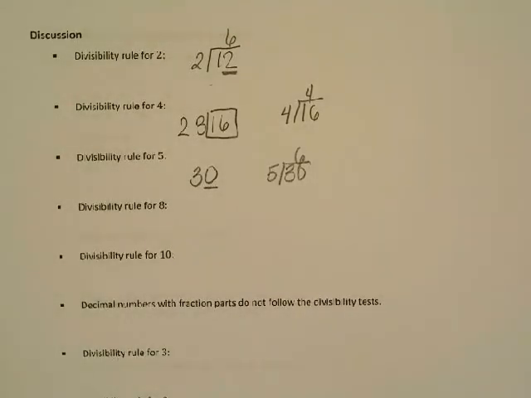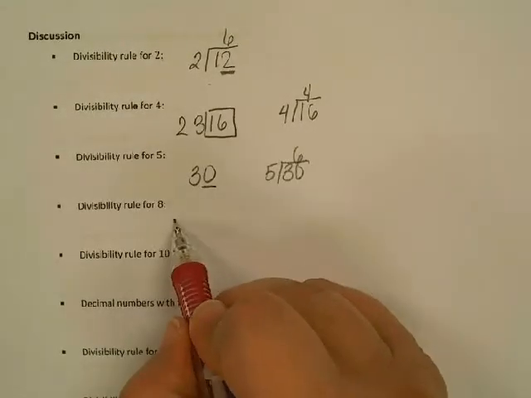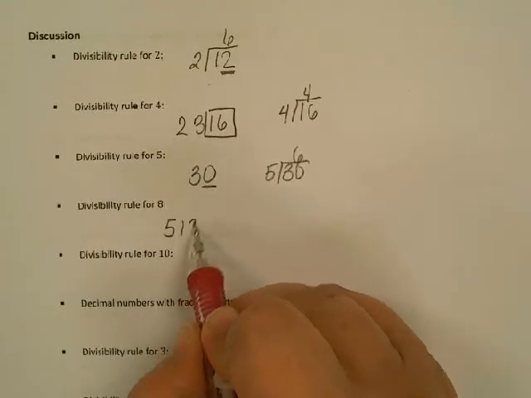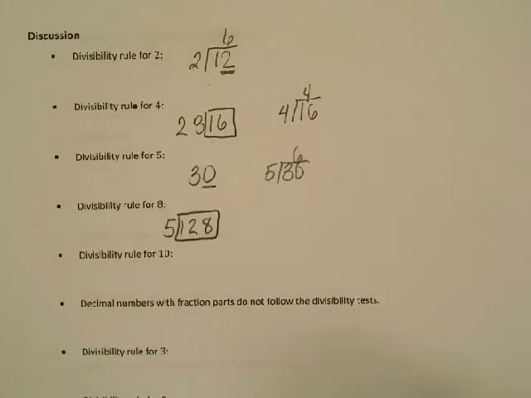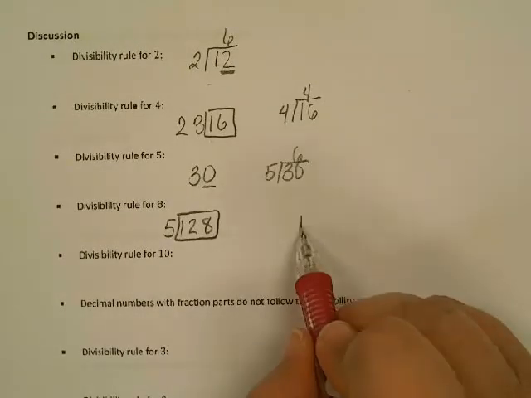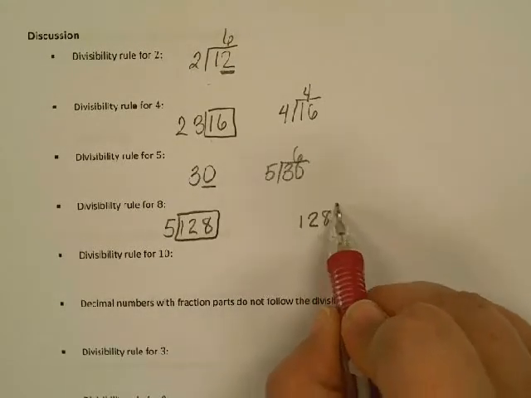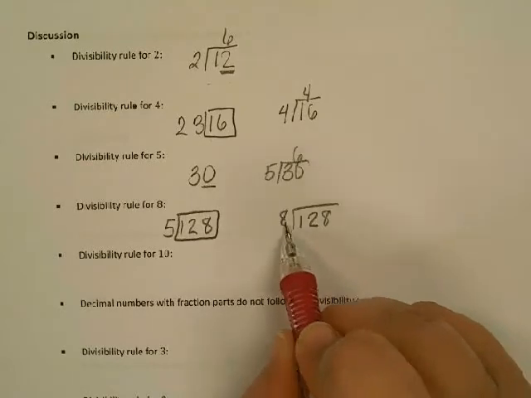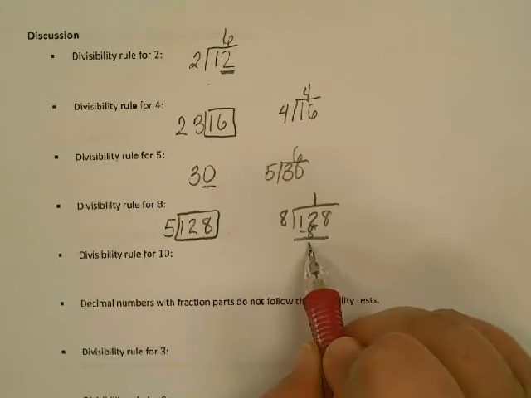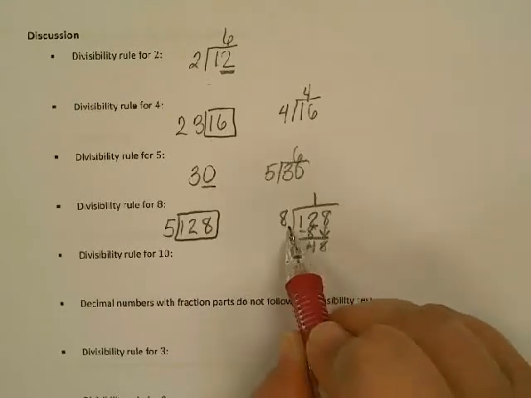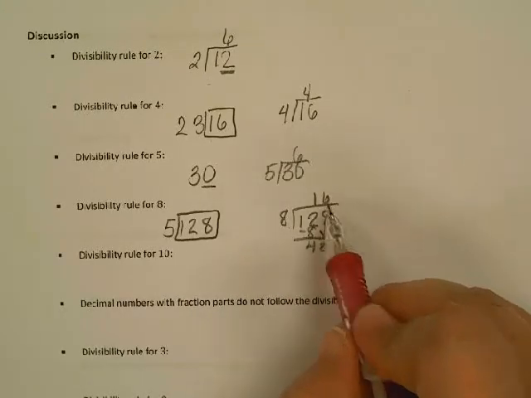For the number 8, for example, if I have 5,128, remember we're looking at the last 3 digits of that number. So I do 128 divided by 8. How many 8s are in 12? 1. That gives me 8. Subtract, bring down my 8. How many 8s are in 48? 6.